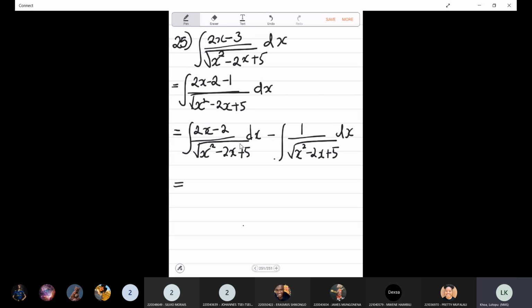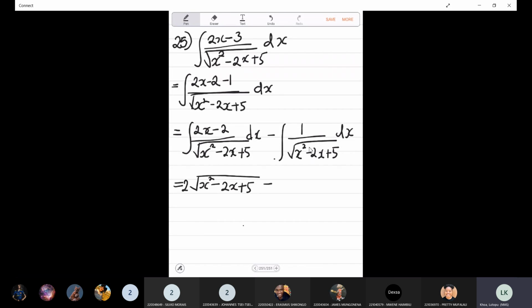So for the first one, the result is just the square root of x squared minus 2x plus 5, and then we divide by a half, which is the same as multiplying by 2. And for the second one, we said we have to complete the square.